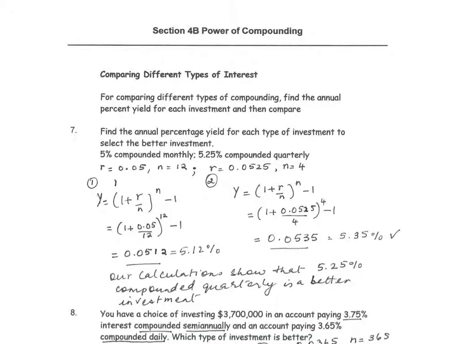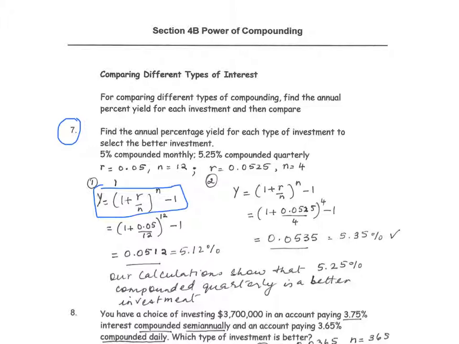Whenever in any problem we need to compare two different types of accounts and figure out which is a better deal, it is always a good idea to use the yield formula, y equals 1 plus r over n, whole to the n, minus 1. So the yield formula is always used when comparing two types of accounts.